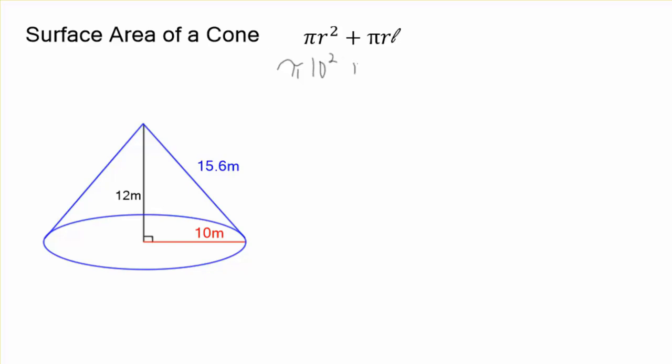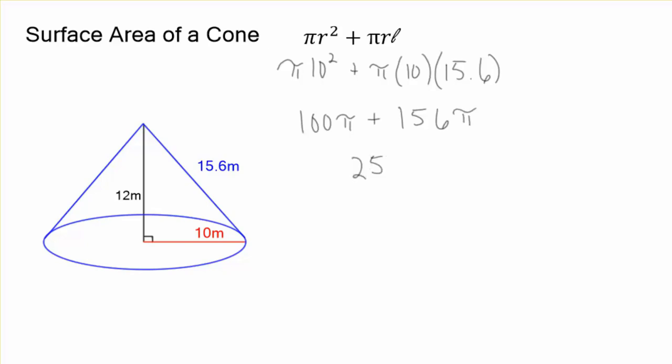So we're just going to plug everything in. Pi times 10 squared plus pi times the radius is 10, and slant height is going to be 15.6. So 10 times 10 is 100, plus 10 times 15.6 is 156. Just move the decimal point. And we add those together. 100 pi plus 156 pi is 256 pi.